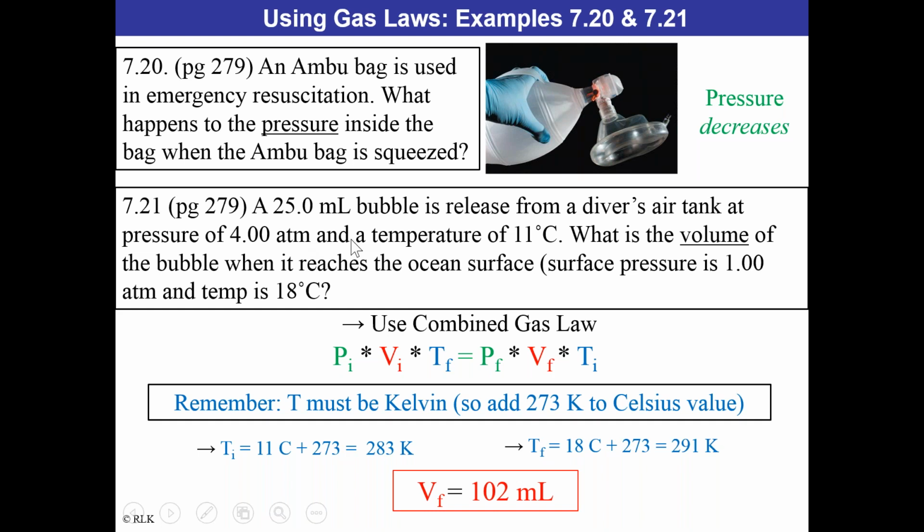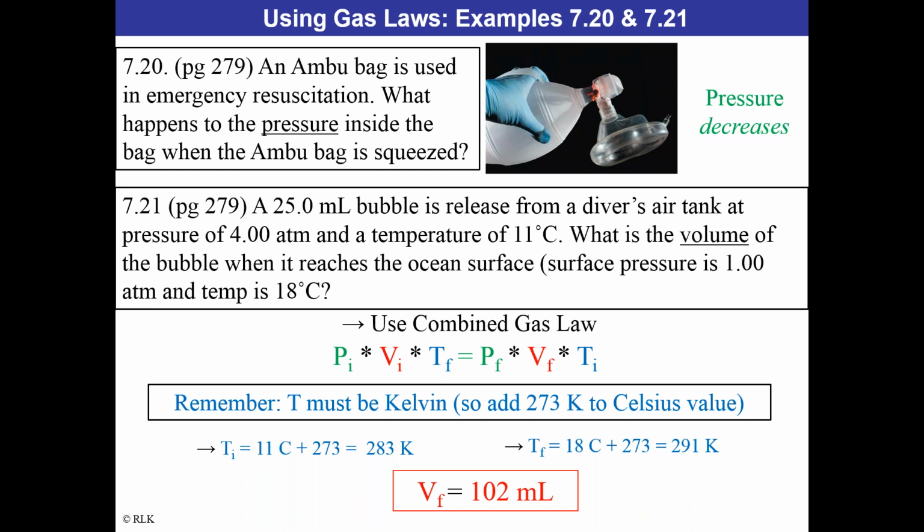One of the reasons for that is because there was a 4 times difference in pressure at depth versus at the surface. Whenever I'm talking about at depth, I'm talking about the pressure on the diver and that which is being experienced on the tank.